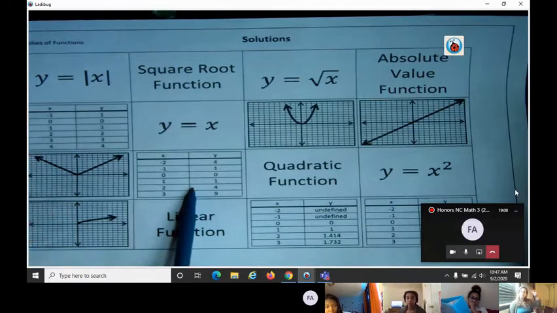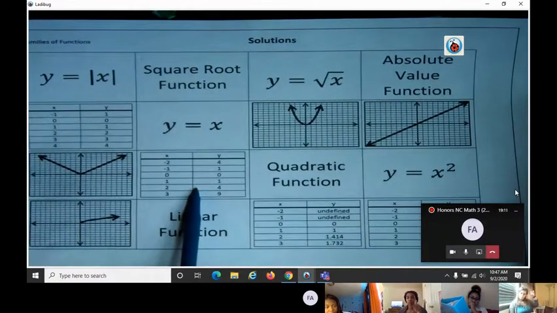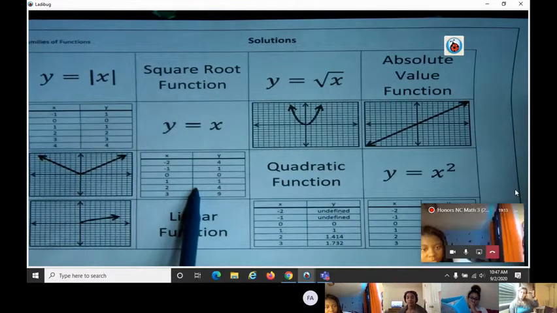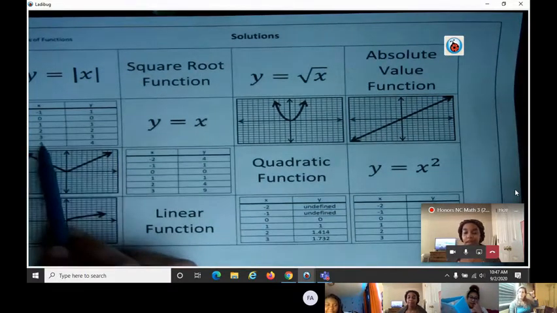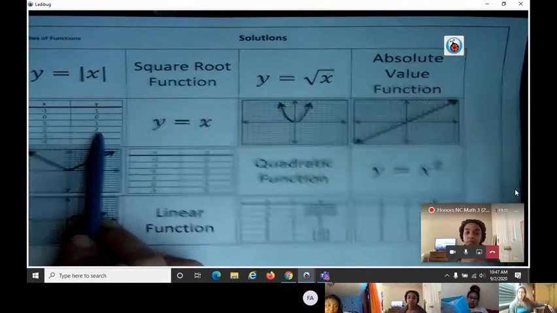Which one do you guys think it is? The bottom one. Why do you think it's the bottom one? Because we're doing x to the second power. Good. Yeah, and so if we look here, 2 squared is 4, but that's not what's here.